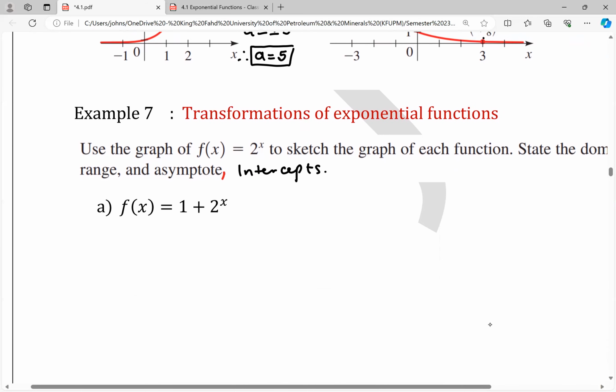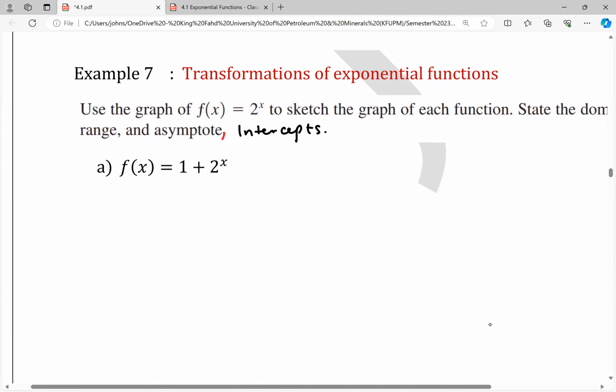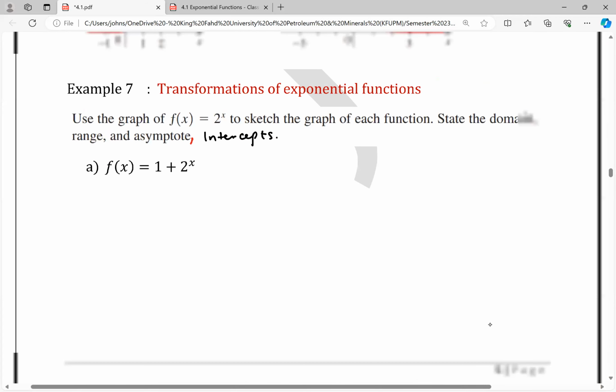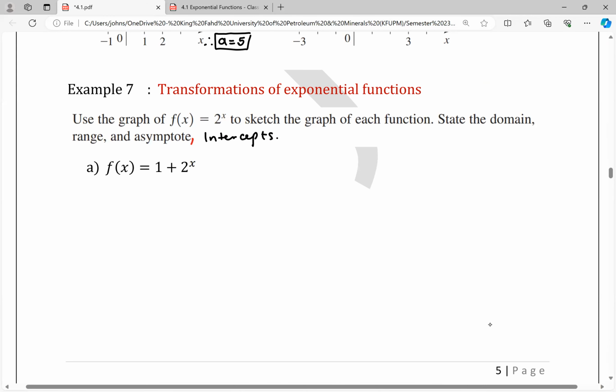Okay, so now this example is talking about graphing exponential functions using transformations. So use the graph of 2 to the power x to sketch the graph of the following. But we are to state the domain and also the range, the asymptotes, and also the intercept.